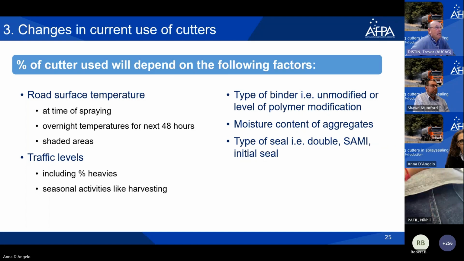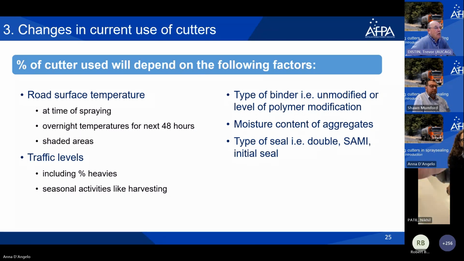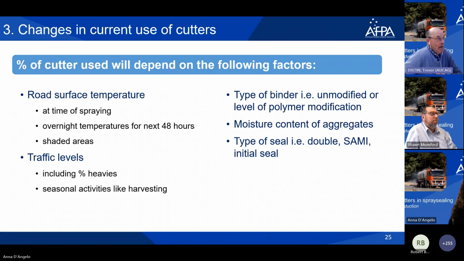But at the same time, we need to be always mindful of any seasonal activities taking place immediately after the construction of a new seal, like grain harvesting, where you've got heavily loaded vehicles doing turning movements on a fresh seal, which can cause a lot of damage to that seal, as we saw in the previous photo.